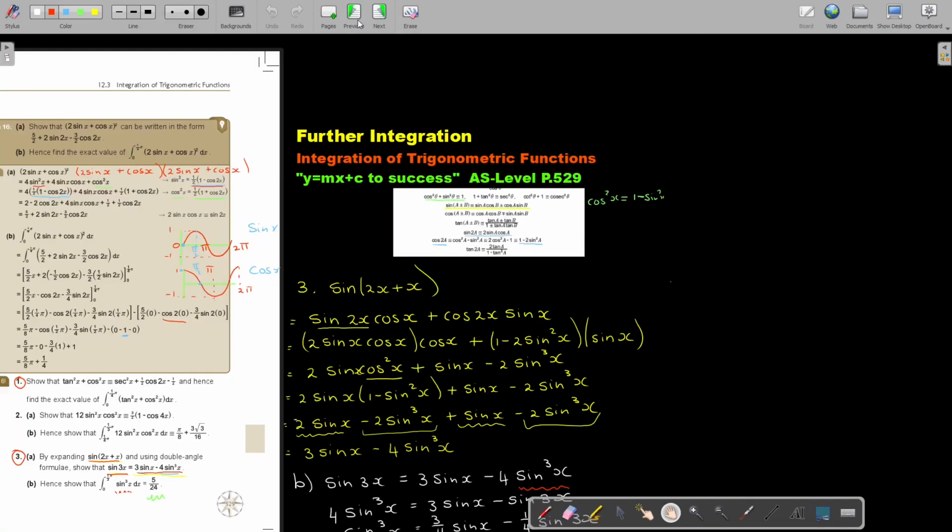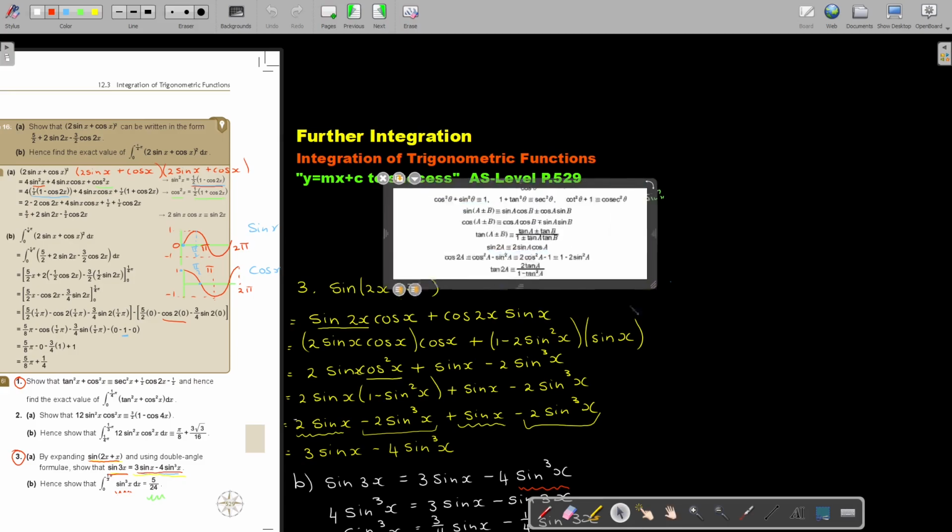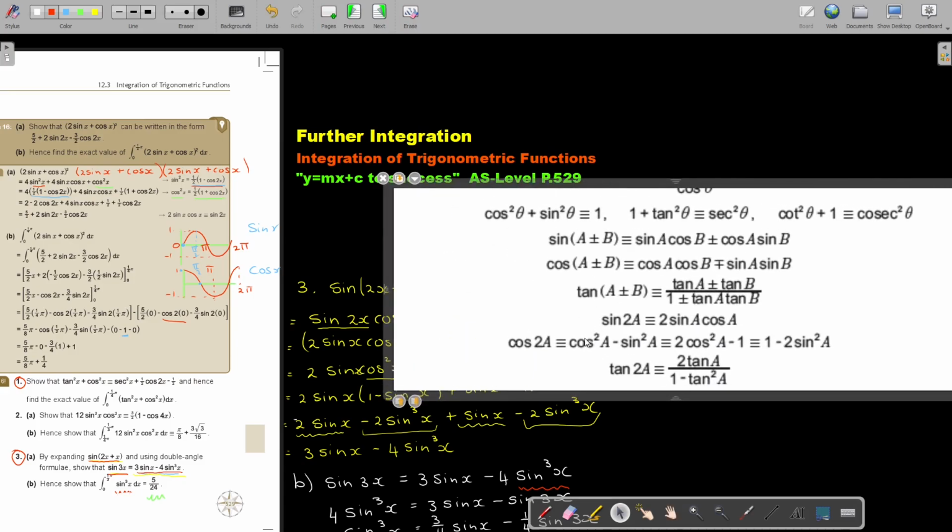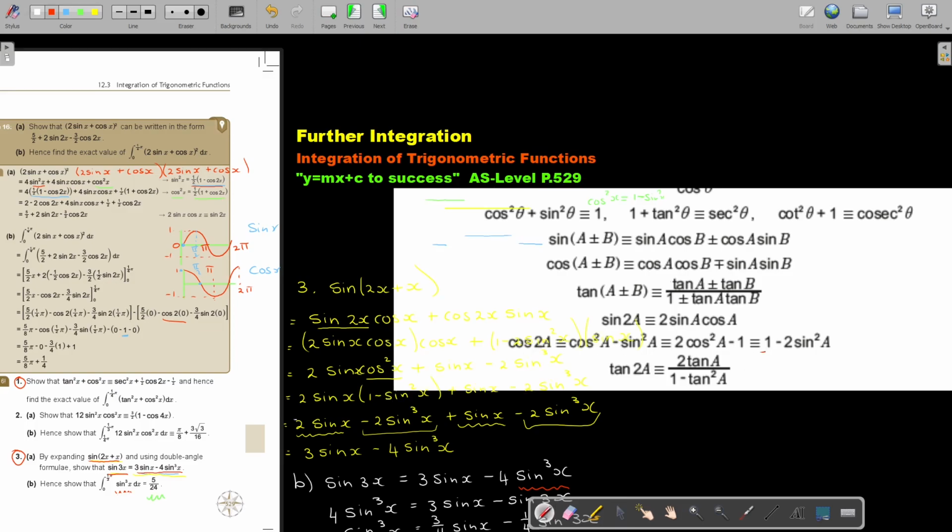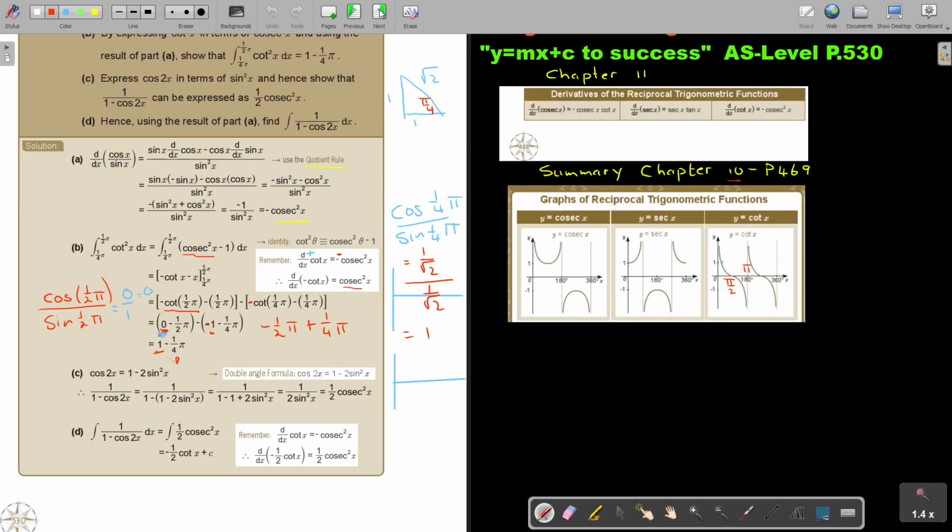Sorry, I want to actually take you back there, and I want to make this a bit bigger, then we don't have to every time. So basically, you can say cos 2x, and if I want the sin one, there it is, from your formula sheet. Okay, let's go back.